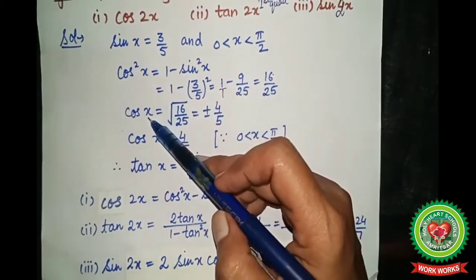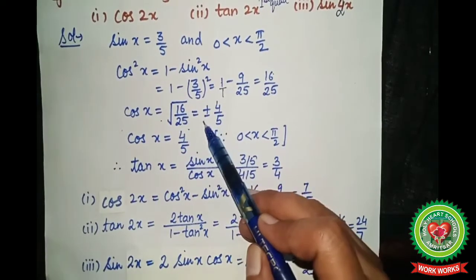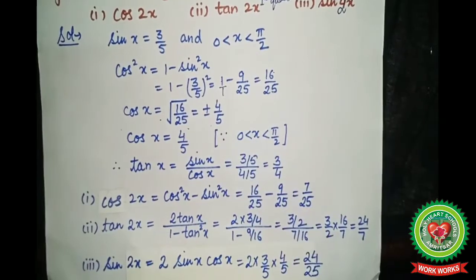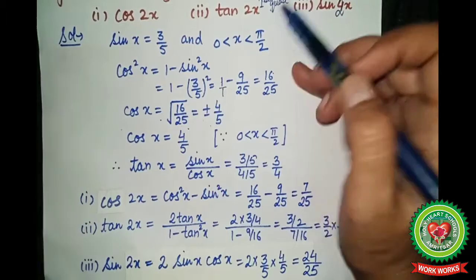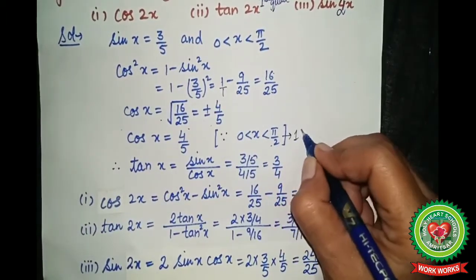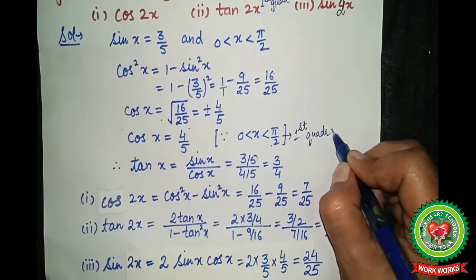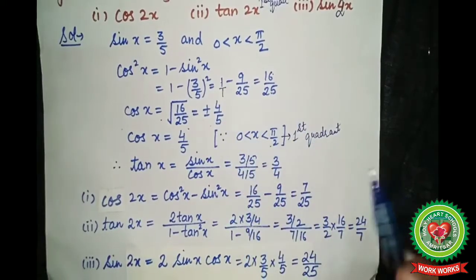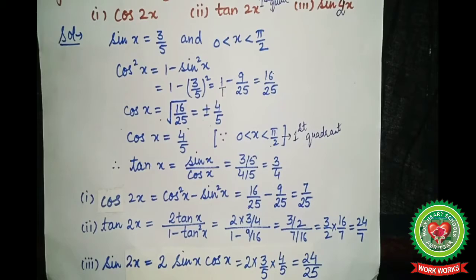Now cos x is equal to square root of 16 upon 25. Here we will get two values, plus minus 4 upon 5. Now as x lies in the first quadrant, and in the first quadrant cos has positive value, cos x equal to minus 4 by 5 is rejected and we are left with cos x equal to 4 upon 5.